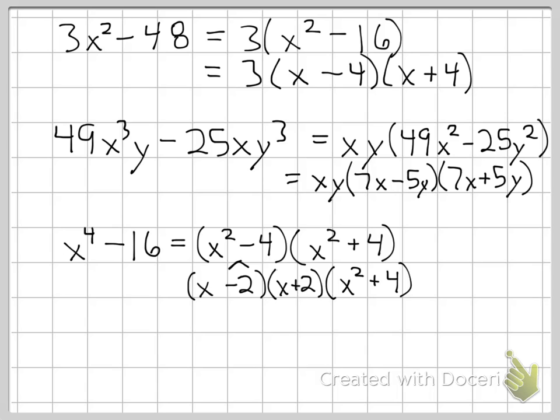Okay? So you're going to try now x to the 8th minus 1. All right, hopefully we see the first one is x to the 4th minus 1, x to the 4th plus 1. First step there.